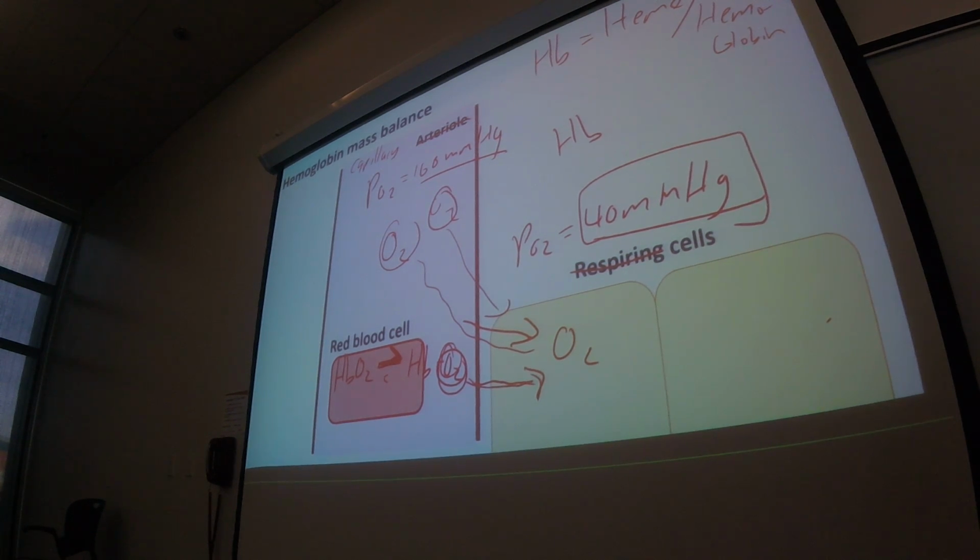Then once the red blood cell reaches those respiring cells, since the partial pressure of those cells is lower, oxygen travels towards them. Yeah, it creates a sink of oxygen where oxygen is being pulled to these cells, and as it's being pulled away, it drives the equilibrium equation to make up for that loss of free oxygen molecules.